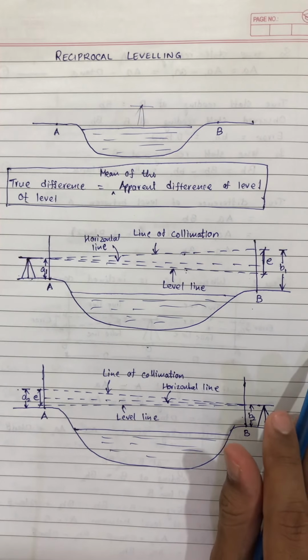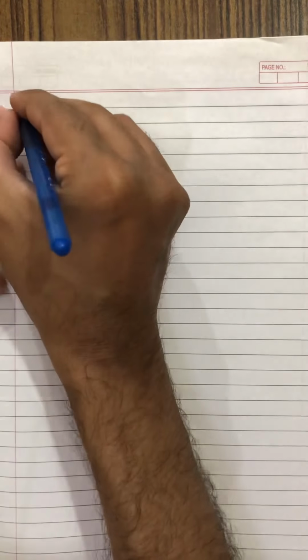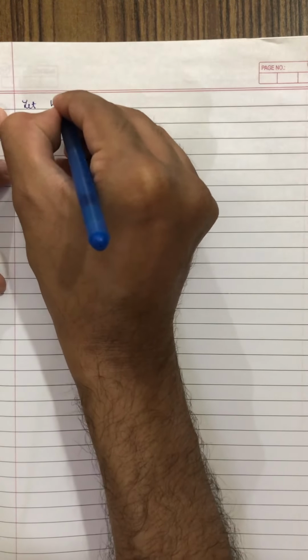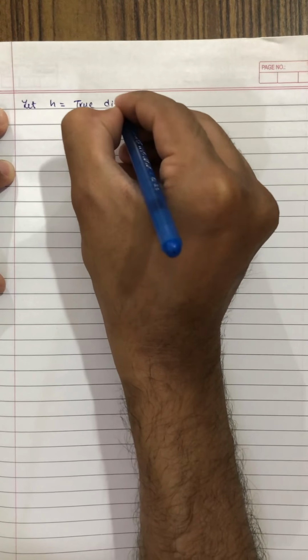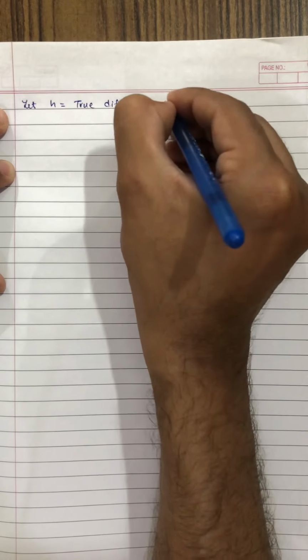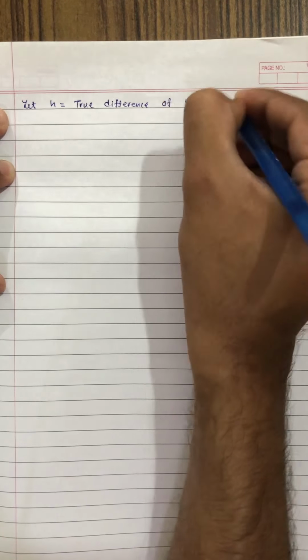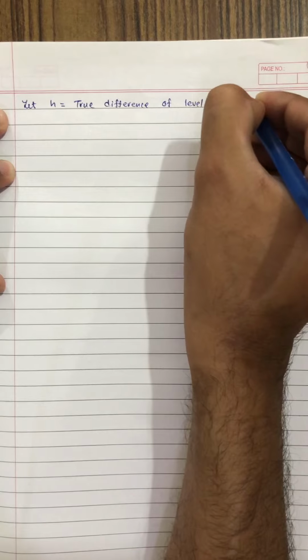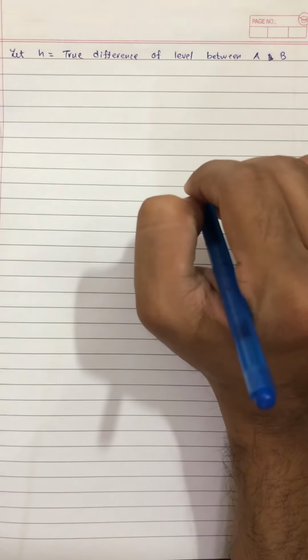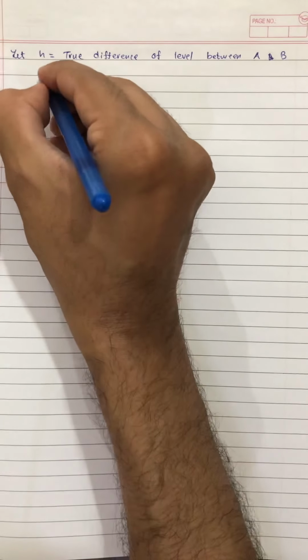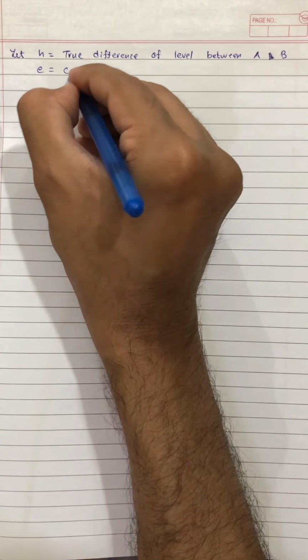Now let us assume that H equal to the true difference of level between A and B. Okay, we are assuming that H is the true difference of level between A and B, and this E is the combined error.